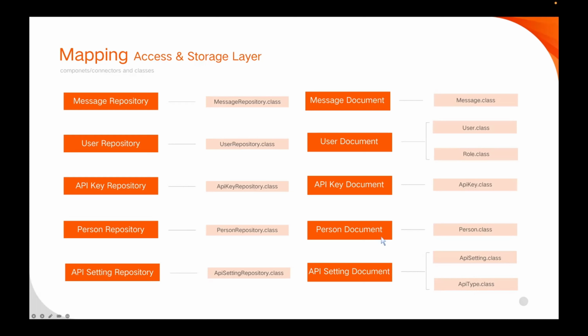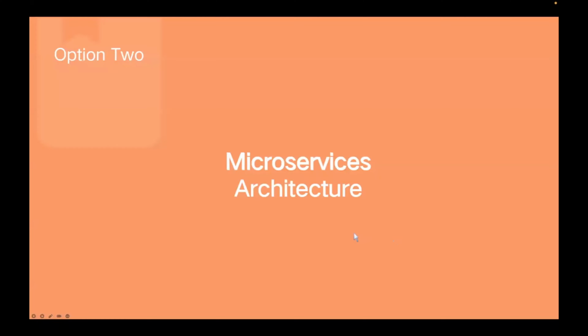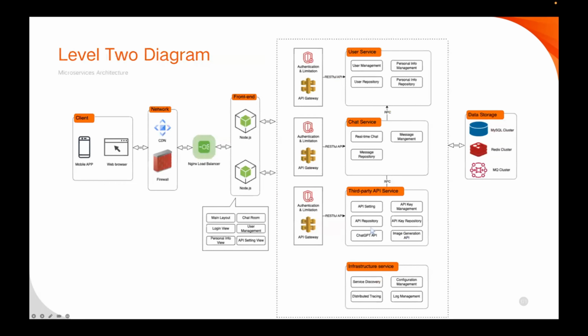All right, let's move on to the second architecture option for CollaborAI, the microservice architecture. Let's first take a look at the level 2 diagram for this architecture. The microservice architecture is designed to split up services to provide scalability across the system.